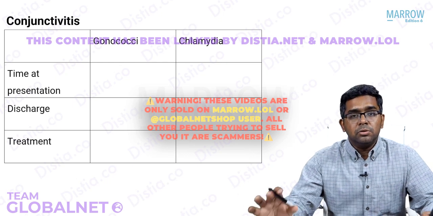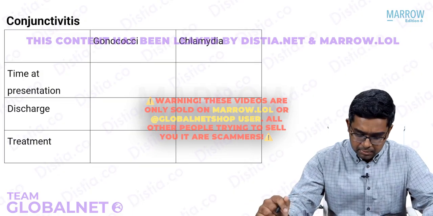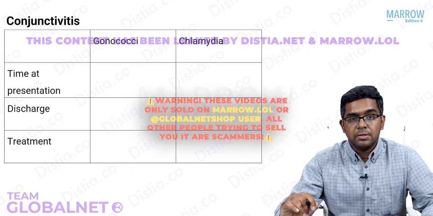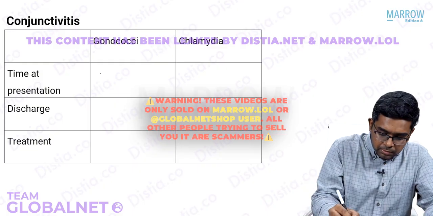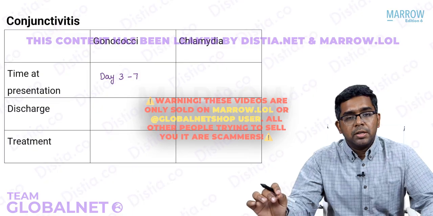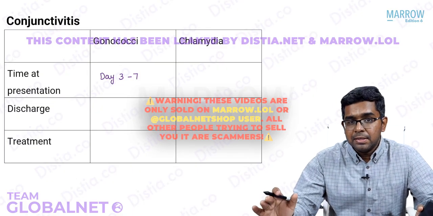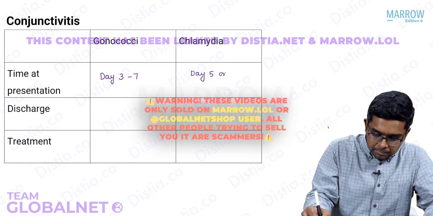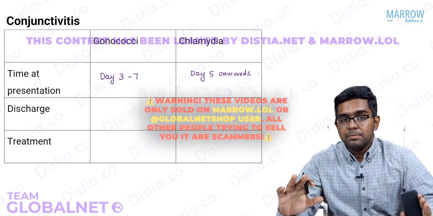Both of them have a specific set of differentiating characters which I have put up in this table. First is the timing at which they present with conjunctivitis. Gonococci occurs early, usually between day 3 to day 7, or you can remember it as the first week. Whereas Chlamydia trachomatis has a little later presentation, from day 5 onwards, or you can remember it as from the second week.